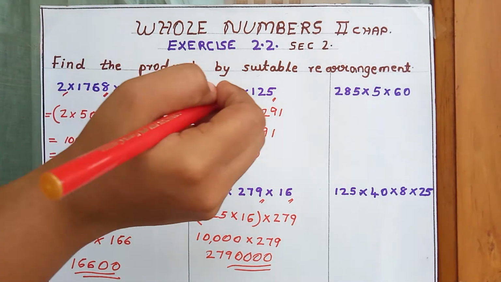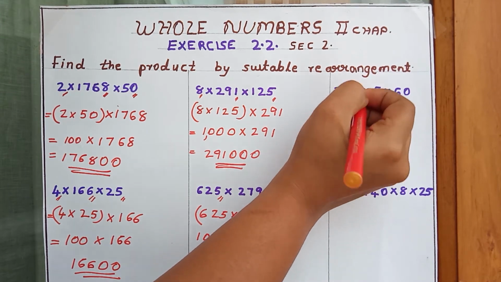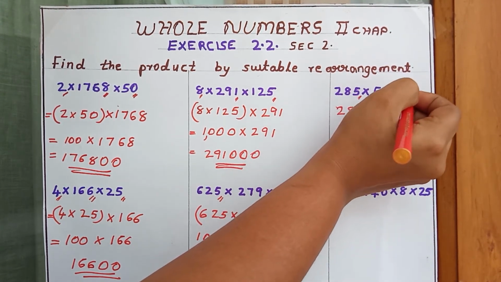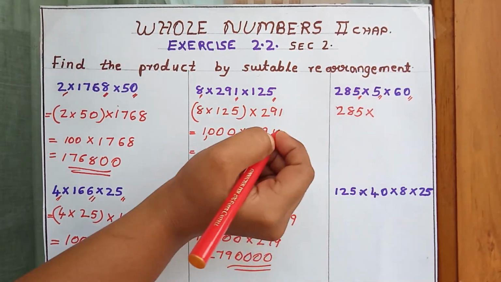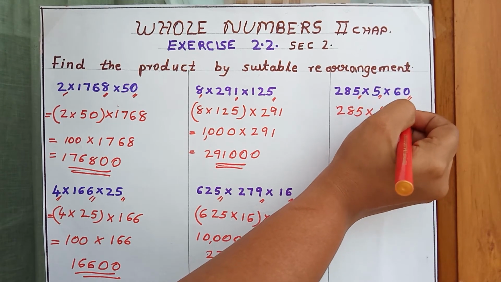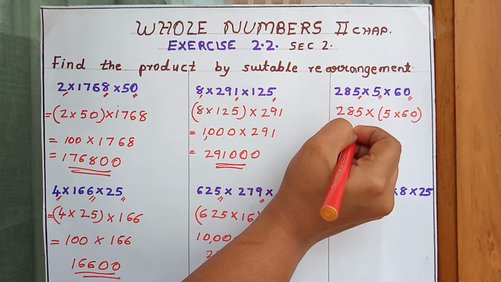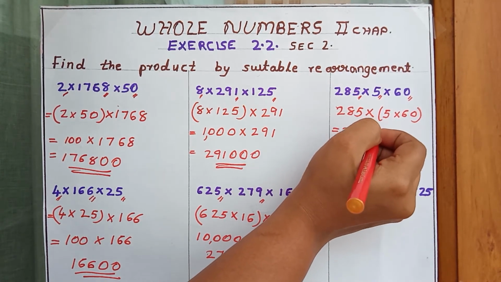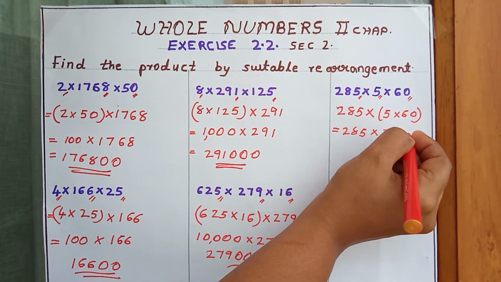Coming back to this problem, 285. See, 5, 5 and 0 are in ones place. So I am going to associate 5 and 60 first. Here I can write down 285 into 5 into 6, 30 and 1 0.